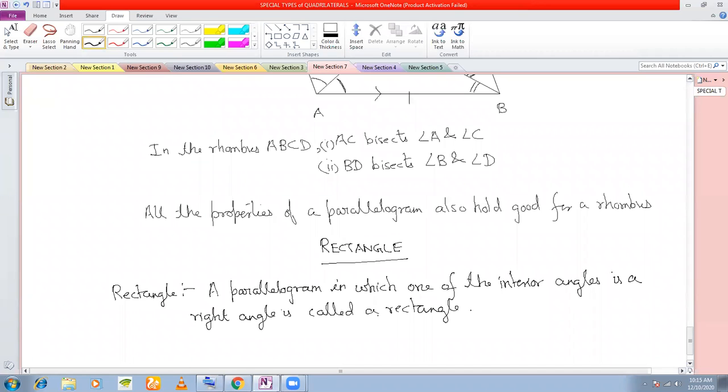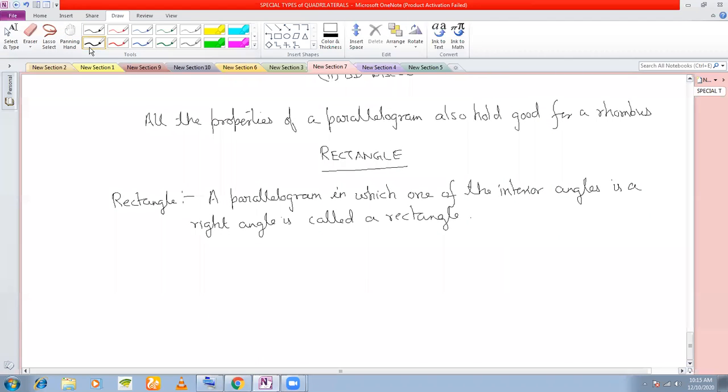So this is the definition of a rectangle. Now we come to the properties of a rectangle. Because it is a special kind of parallelogram, all the properties of a parallelogram hold good for rectangles.